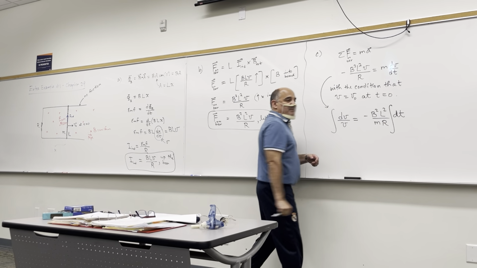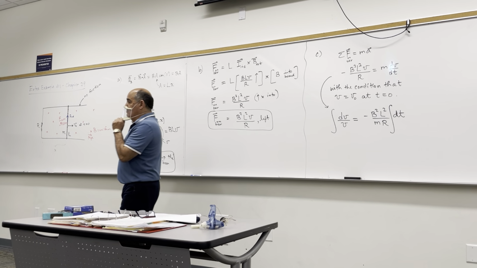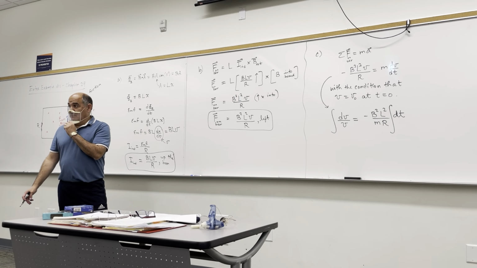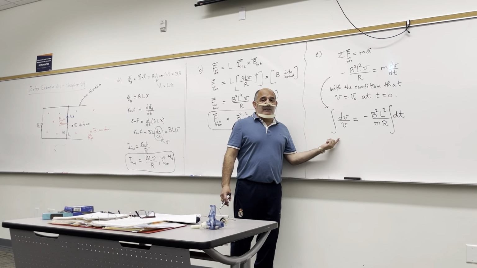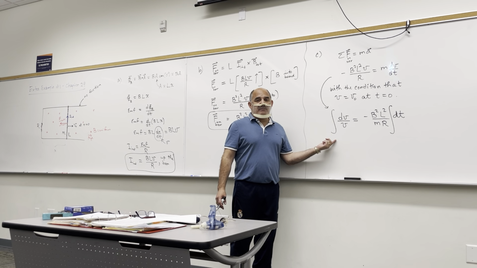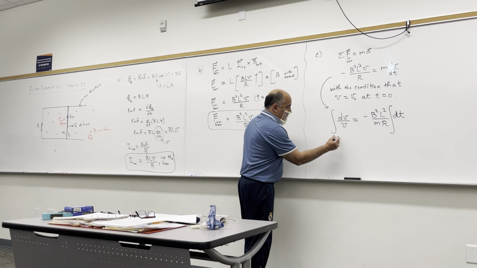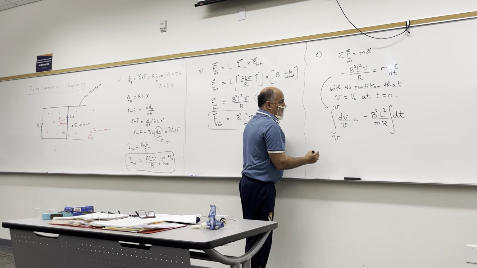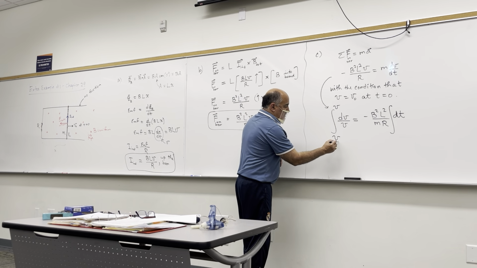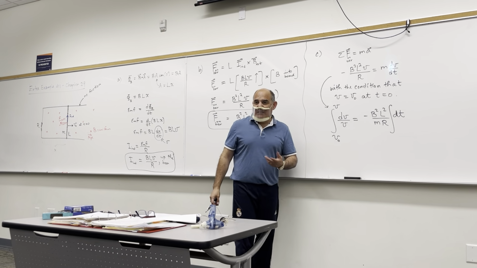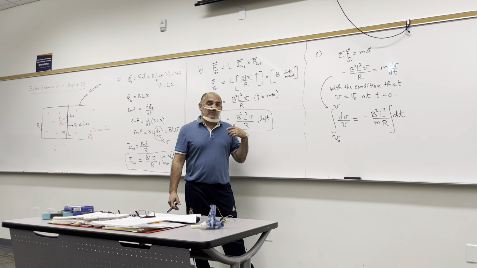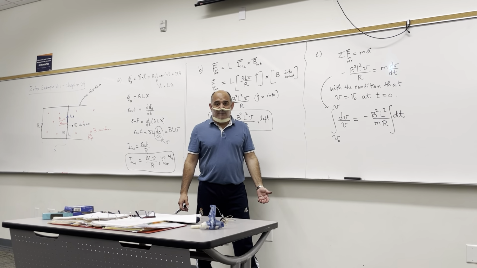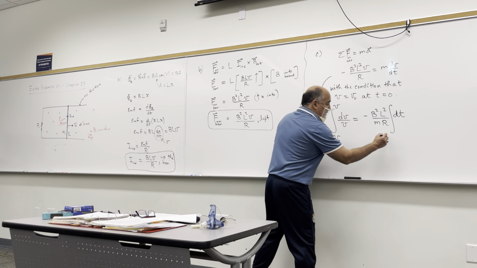So I'm going to do this. The integral on the left is with respect to our variable v, so I'm going to have from v something to v something. How about I say this is from v naught, the initial speed. And the integral on the right-hand side is with respect to our variable t, the instant of time.